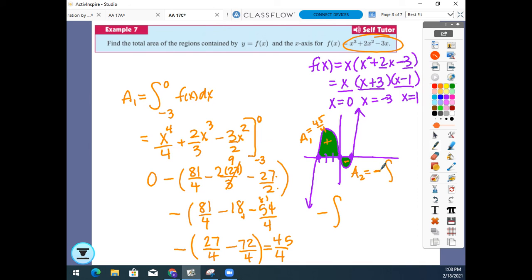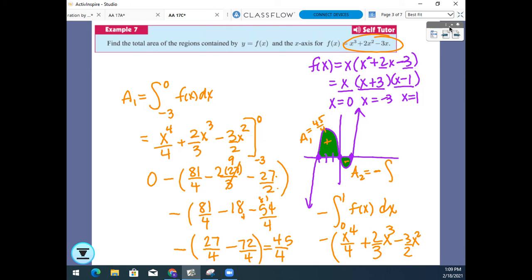All right, area 2 should be a lot easier because it's below, so I have to do the opposite, from 0 to 1. Because f of x is defined up there, I don't need to keep writing it. So I'm going to use my same antiderivative, x to the 4th over 4, plus 2/3, minus 3/2, from 0 to 1.